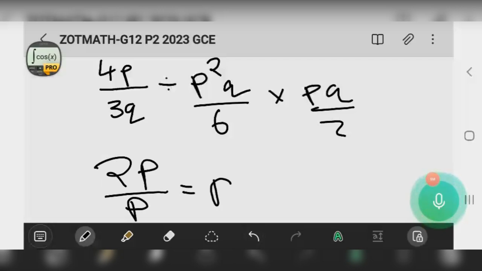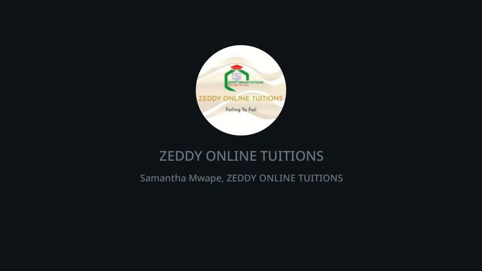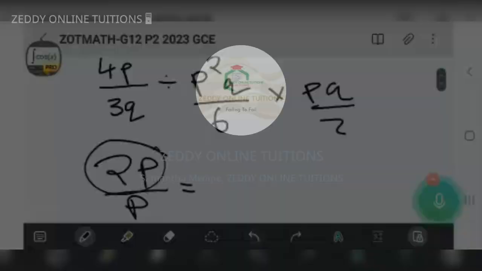The answer is p. How? Oh, okay, let me explain. 2p over p, the answer is p. There are 2 p's on top and they are dividing with 1 p down, right?